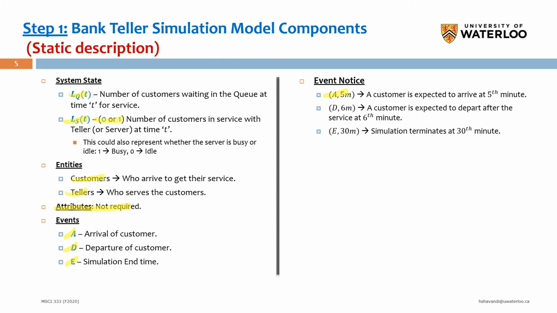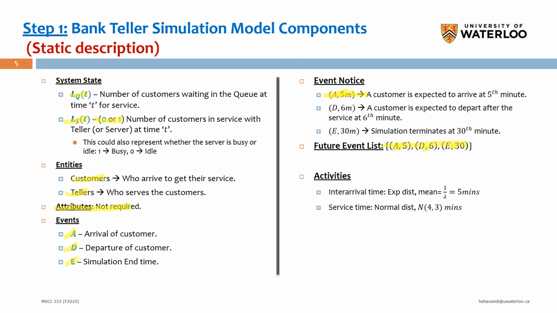For example, here we have an arrival which will happen at minute 5. For the future event list, we just need to order the events by event times. So the first one would be arrival at time 5, the next one departure at time 6, and also end of simulation at time 30.